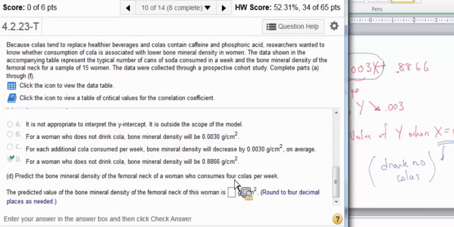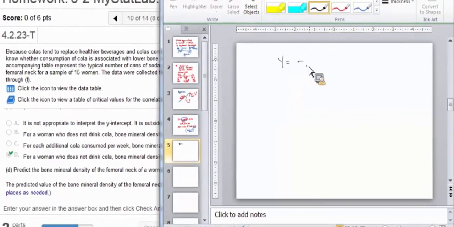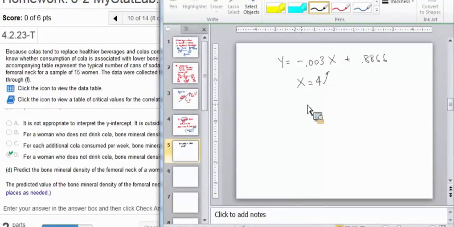A woman drinks 4 per week. The predicted value is what? Well, the equation was y equals minus 0.003 x plus 8866. It says, what's the value when x equals 4? Predicted for 4 colas per week. Well, let me multiply that. I'm going to do this by hand.